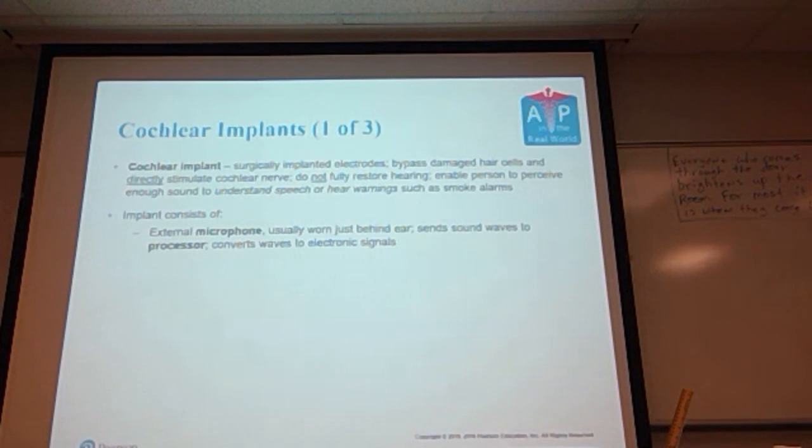A cochlear implant is a surgically implanted electrode that bypasses the damaged hair cells and directly stimulates the cochlear nerves. They do not fully restore hearing. They enable a person to perceive enough sound to understand speech or hear warnings such as smoke alarms. The implant consists of an external microphone, usually worn just behind the ear, which sends sound waves to a processor that converts the waves into electrical signals.